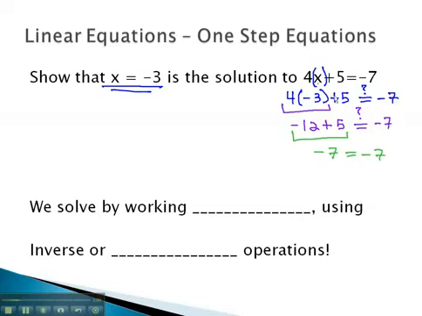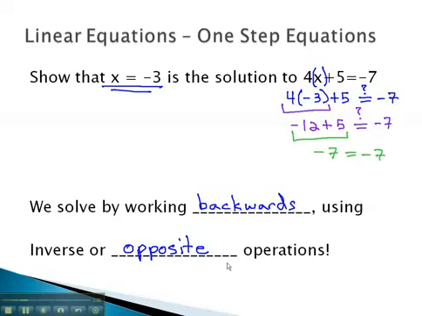So when we start with a problem like 4x plus 5 equals negative 7, what we're going to do to find x, to find that missing value, is solve by working backwards, using inverse or opposite operations.